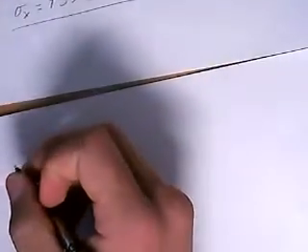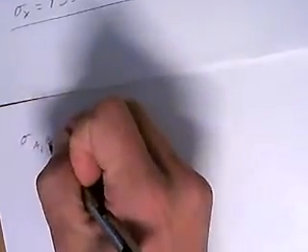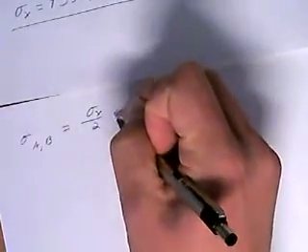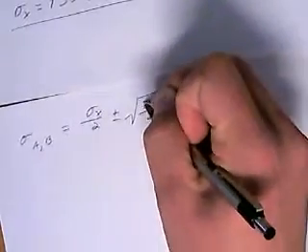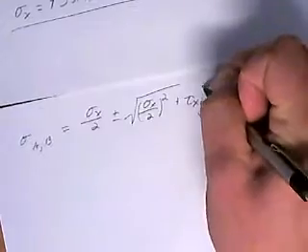Using those values, the principal stresses, which we're going to call sigma A and B, are equal to sigma x over 2 plus or minus the square root of (sigma x over 2) squared plus tau xy squared.